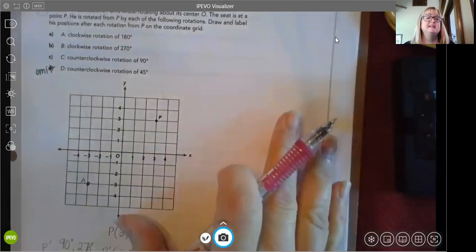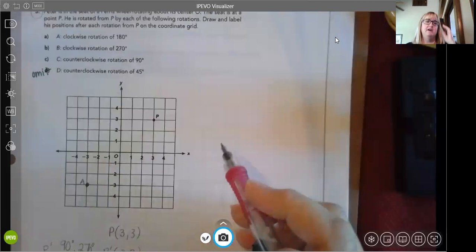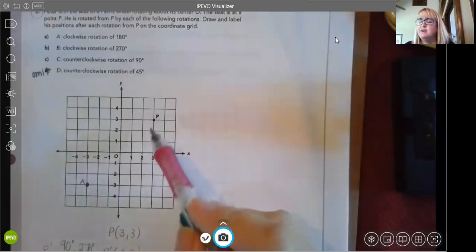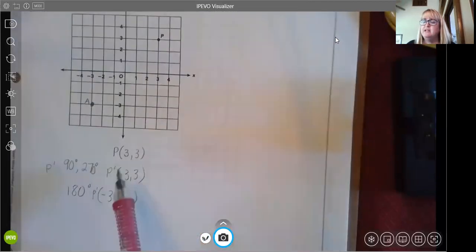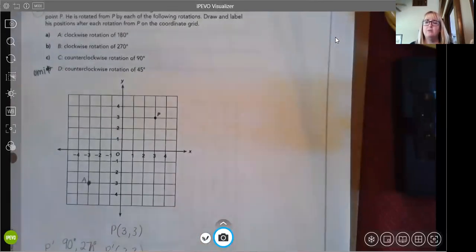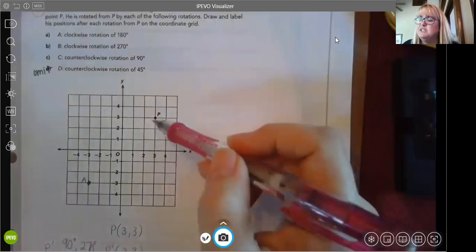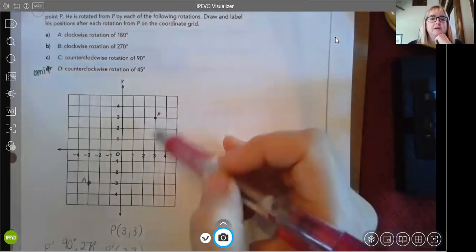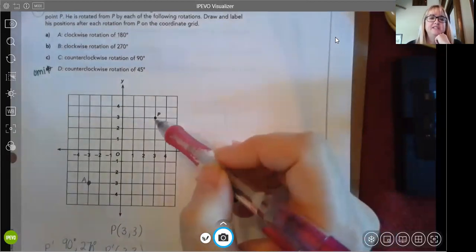All right, B says a clockwise rotation of 270. So this is 3 and 3. And remember, 90 and 270, it's also going to be 3 and 3, but we've got to figure out what quadrant it's in, and then we'll worry about the negatives or positives. All right, so it's a clockwise rotation. Clockwise rotation, 270 degrees.